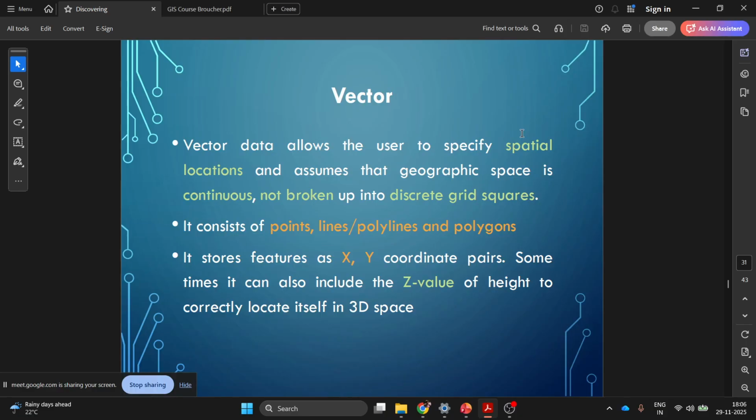So what is a vector? In physics, we have learned that a vector is something that has both magnitude and direction. Similarly, vector data allows the user to specify spatial locations and assumes that geographical space is continuous, not broken up into discrete grid squares. So vector data is continuous and it is not broken.